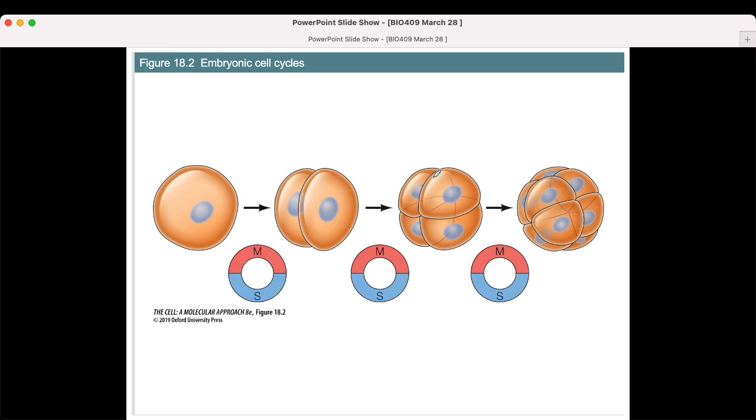And when that's done in early embryos, they grow so fast that a lot of times they just have M phase and S phase, and no G1 or no G2. So the book is just showing you a little bit more knowledge about the cell cycle and how in some embryos, not mammals, but pretty much all other animal embryos, embryos are dividing really fast.